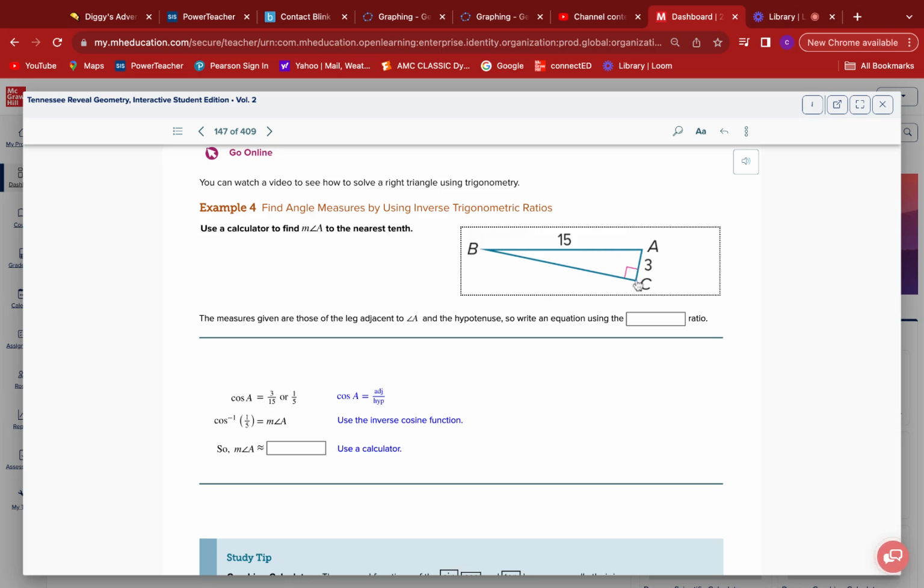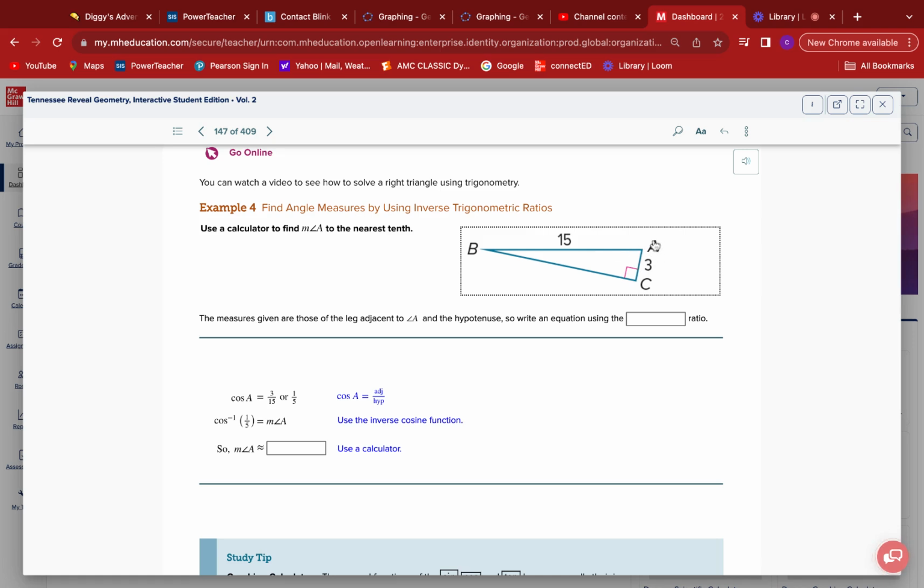Now, we have a right triangle, and we have one of the legs, and we have the side that's opposite to the 90, which is our hypotenuse. So I know it's going to be either sine or cosine because those both have the hypotenuse in the formula.